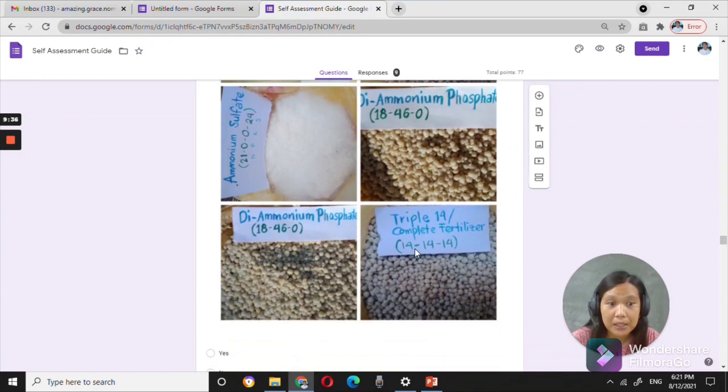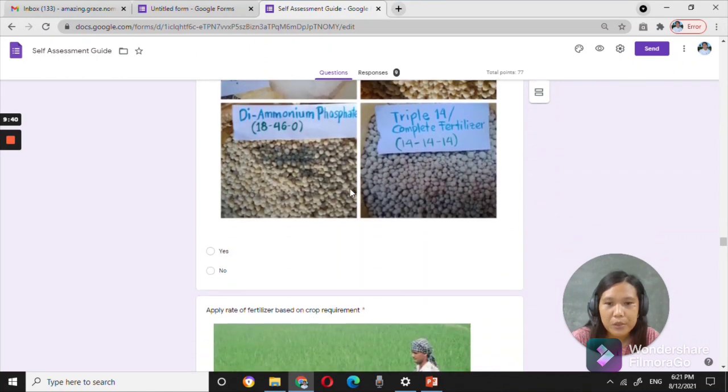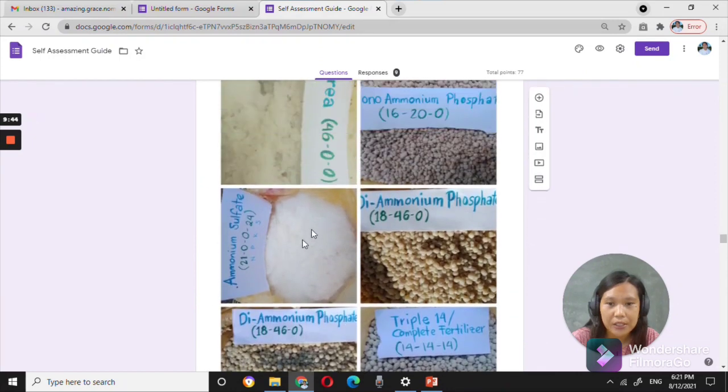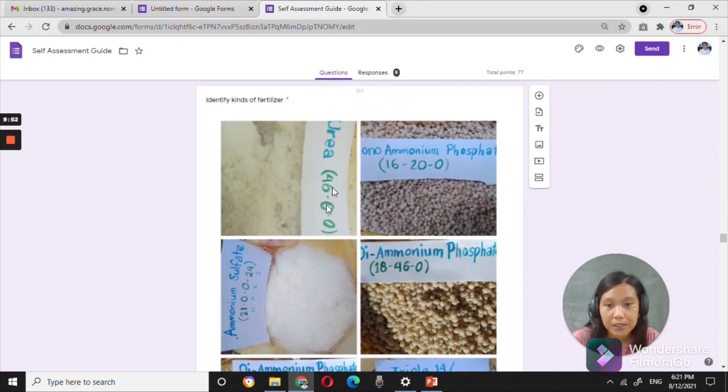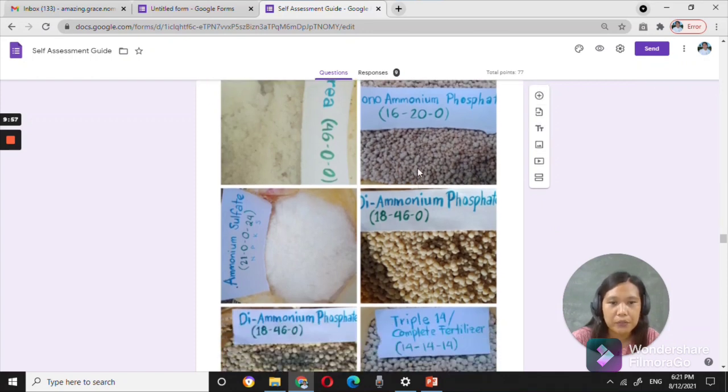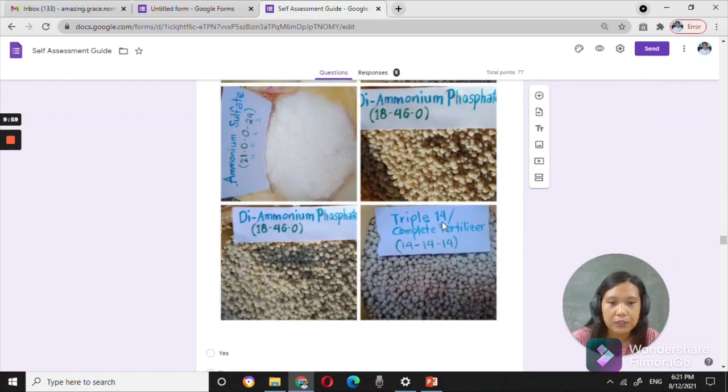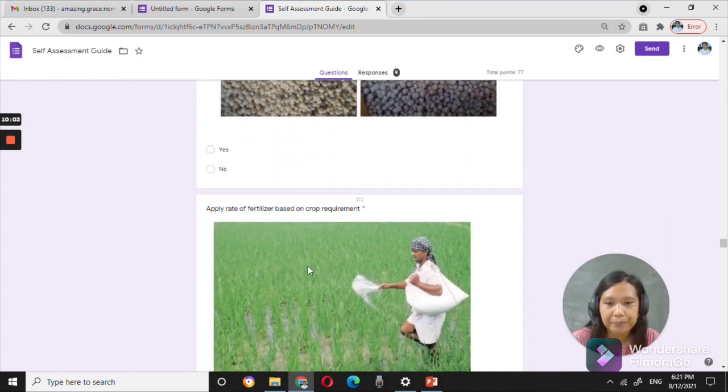So, in your own pace, you can also study this in class. It is a little difficult, but in your own pace, you can do it. These are the particles and the color of ammonium sulfate, and the urea is coarser, finer. Monoammonium phosphate is grayish, 14-14-14 is gray, diammonium phosphate.